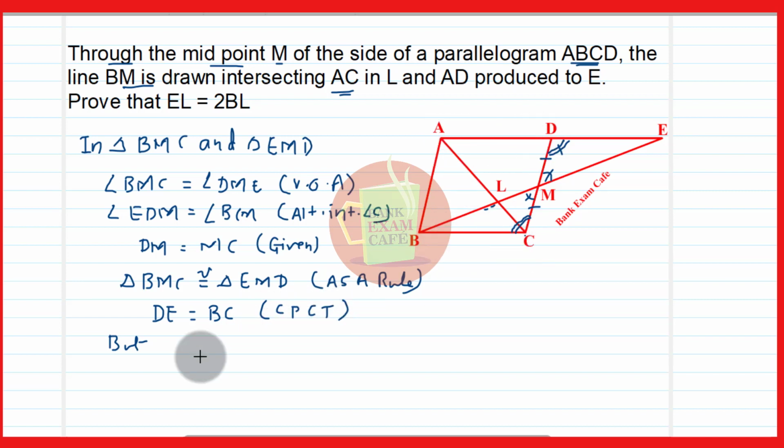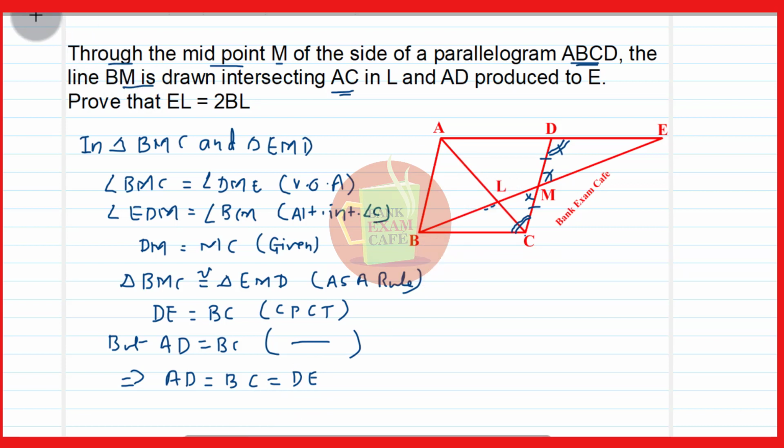But BC is equal to AD, or you can write AD is equal to BC because ABCD is a parallelogram. And since BC is equal to DE, and BC is equal to AD, all these three line segments AD, BC and DE are equal. Therefore AD is equal to BC is equal to DE. All the three line segments are equal.